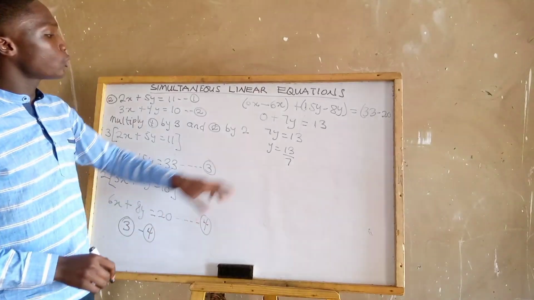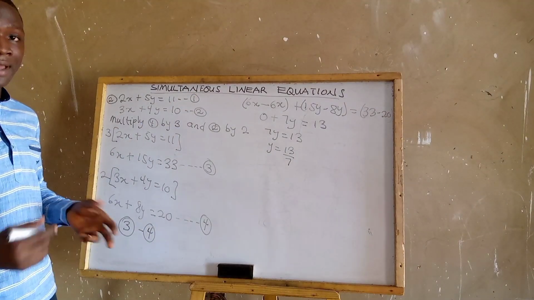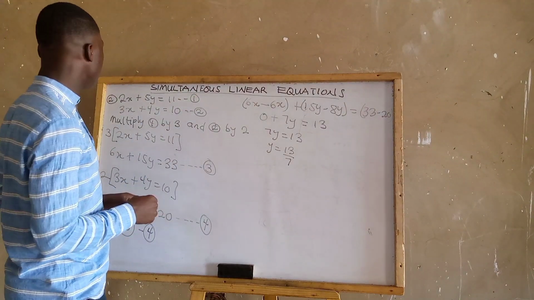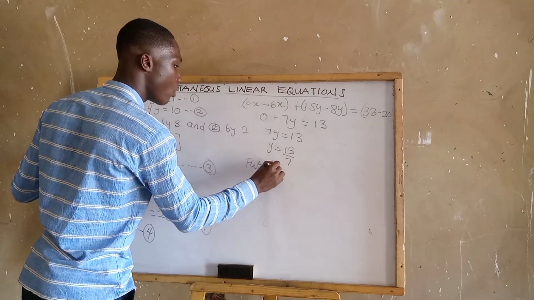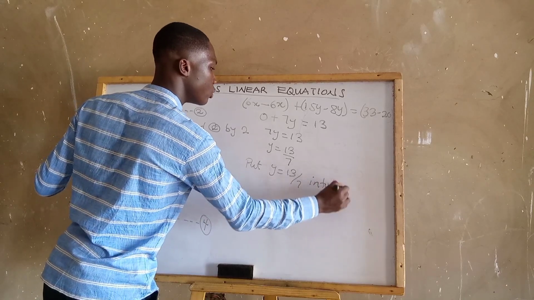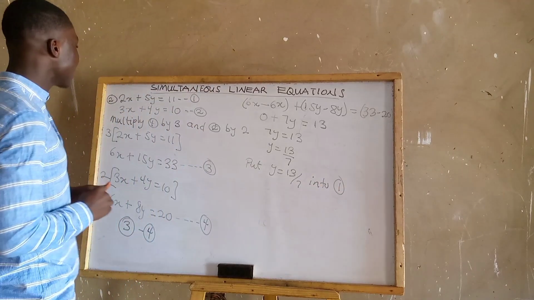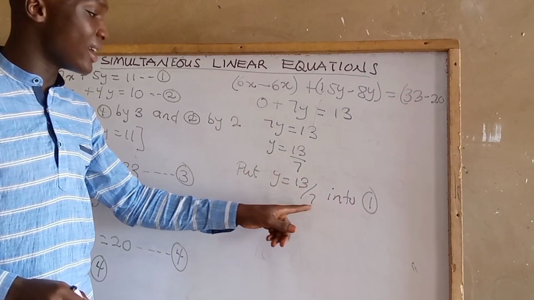You can put y equal to 13 over 7 into any of the equations to find the value of x. Let's put this value into equation 1. Whenever you find y, you write 13 over 7.